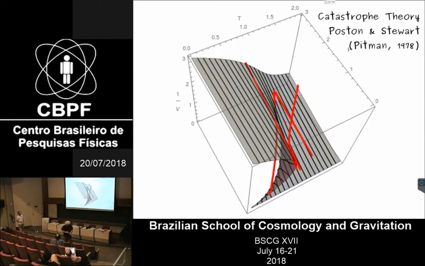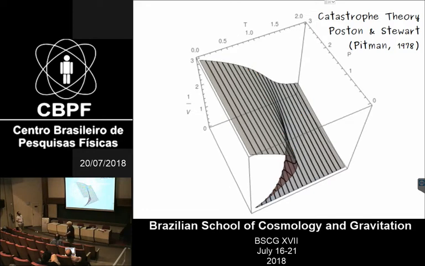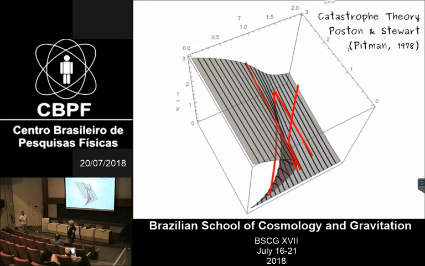You have red with different versions of red. There's soft red and solid red. No, actually, all of them are red, just because the surface is not opaque. So you can see this one is behind the surface.